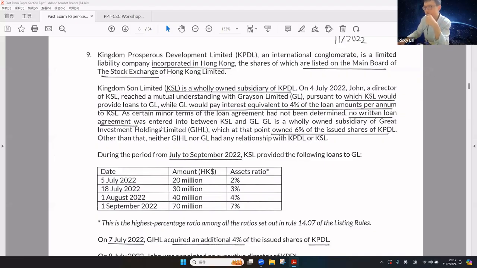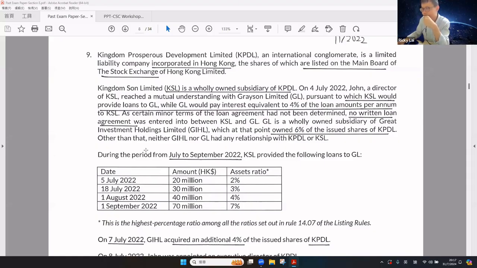As the terms of the loan agreement have not yet been determined, no written loan agreement was entered into between KSL and GL. GL is a wholly owned subsidiary of GIHL, which holds 6% in the listed company.